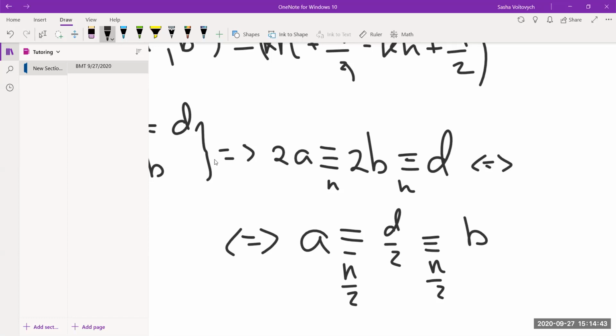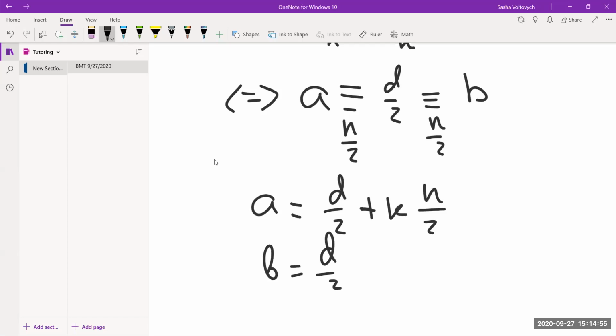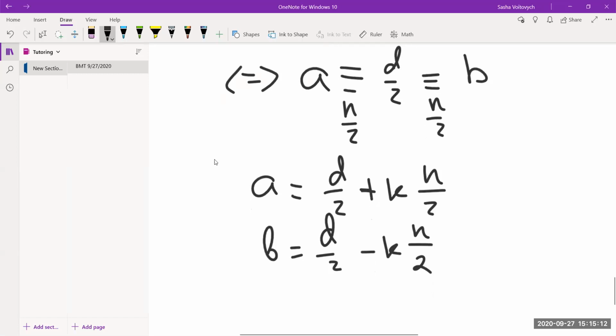So A is then D over 2 plus k n over 2, and B has to be D over 2 minus k n over 2 because they have to sum up to D.